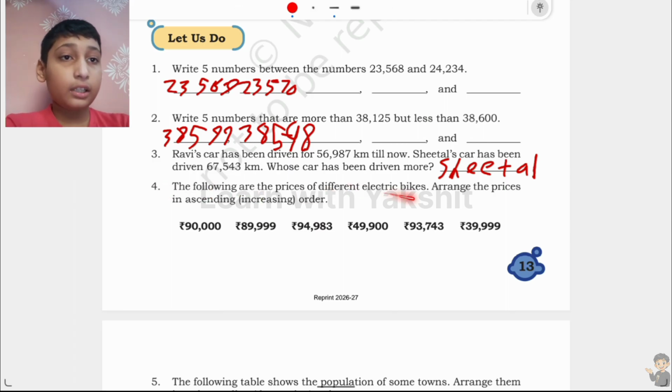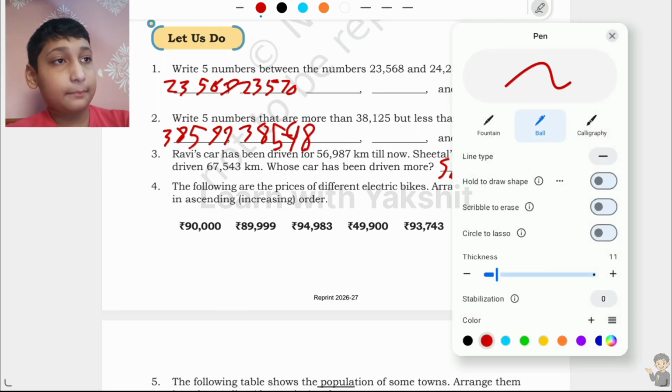Now, the following are the prices of different electric bikes. Arrange the prices in ascending order, or increasing order. Ascending order is the smallest number to the biggest number. Some videos back, I used to color code them and then arrange them, so I am doing that.